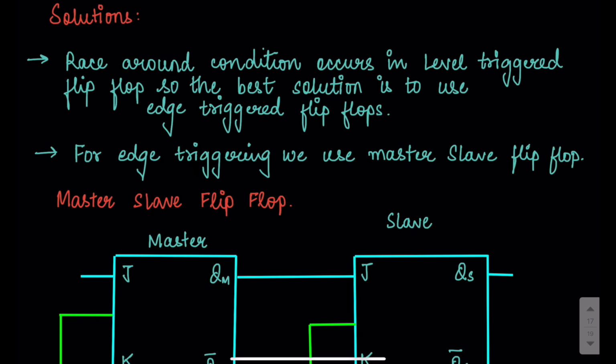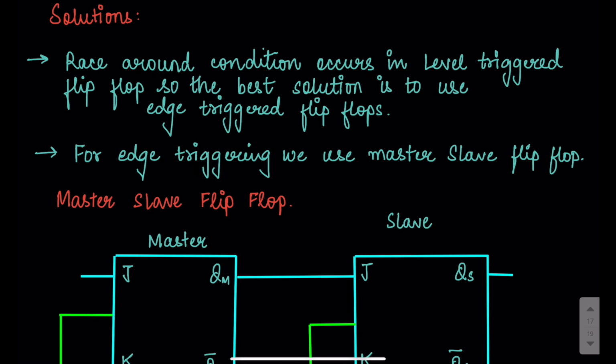The major thing to notice is that before coming to the solution, the race around condition occurs in level triggered circuits. This is what you need to focus on. It does not occur in edge triggered circuits. Whenever the circuit is responding at the level of the clock, when the clock is high or when the clock is low, that is the problem.